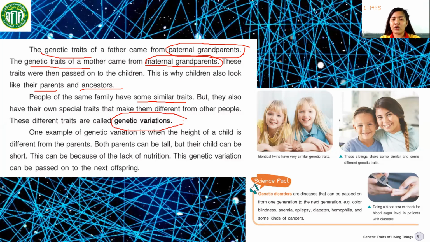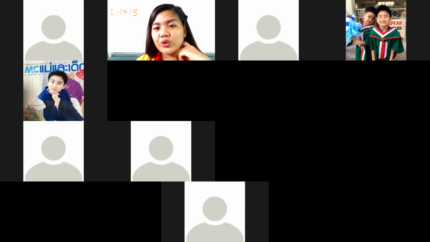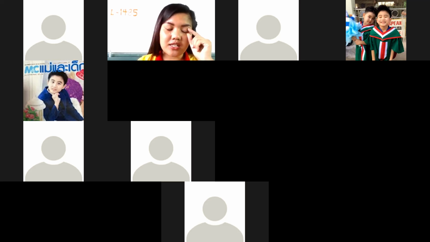Even though you are siblings, you still have traits wherein you are not the same. That is called genetic variation. Let's say, for example, you have a pointy nose and then your sister does not. Gao, do you have the same eyes like your mother or your father? Mother. Okay, so you have the same eyes as your mother.